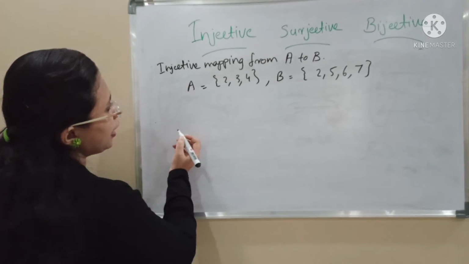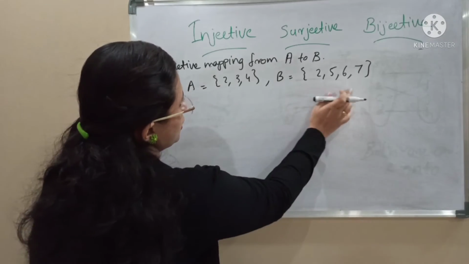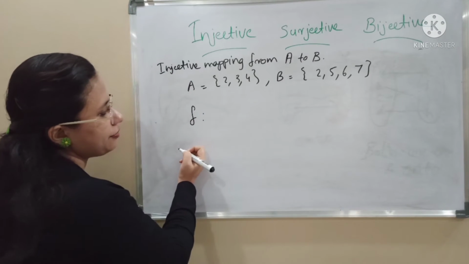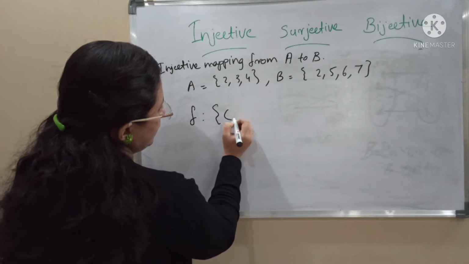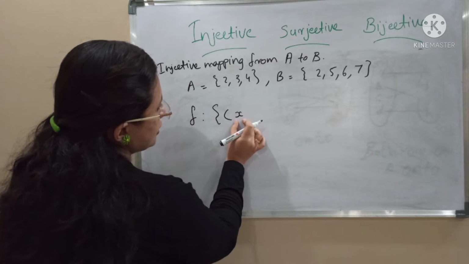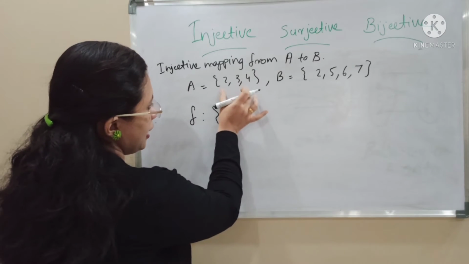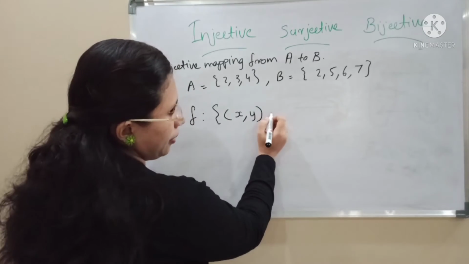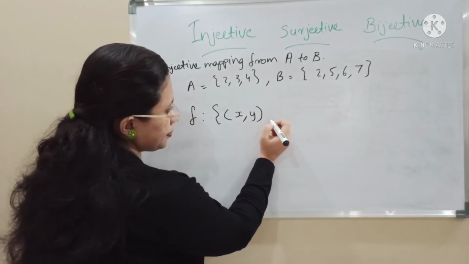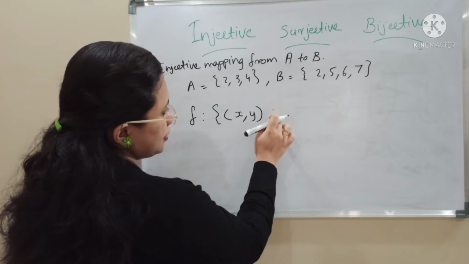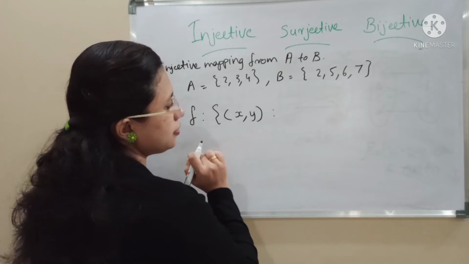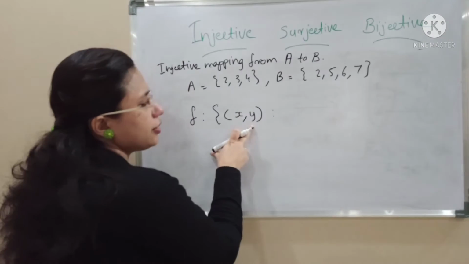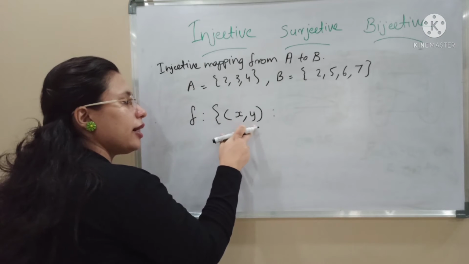For that, if you see these two sets, we can write a function f such that x is the elements in set A, y is the elements in set B, such that y is related with x.